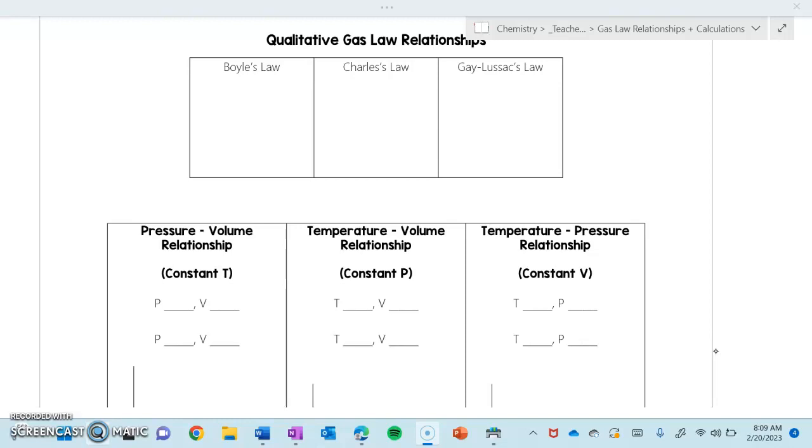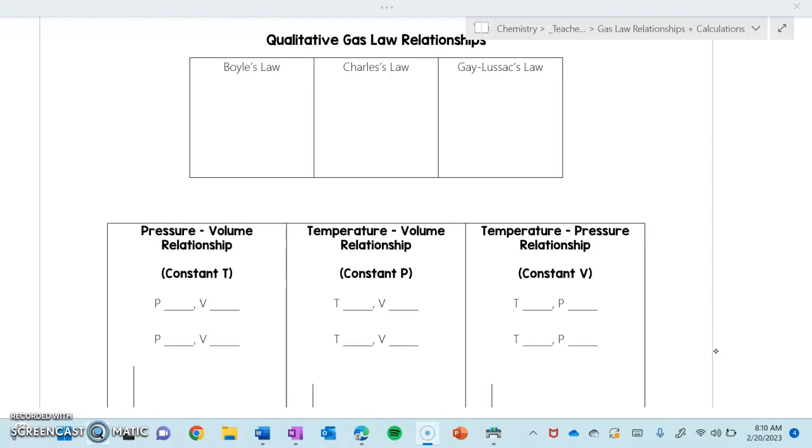We just have to keep in mind that constant variables in real life don't really exist. They can exist in labs so that we can observe relationships, because we will intentionally keep one variable constant, meaning it just won't change from beginning to end. However, in real life, all 3 will change.